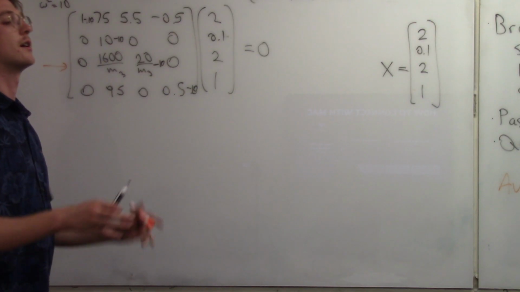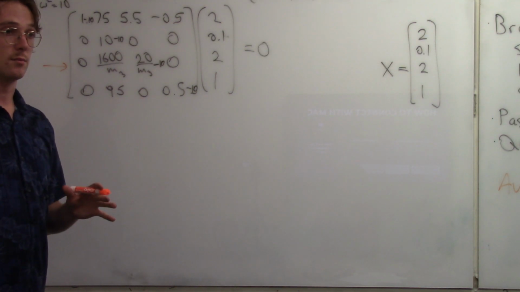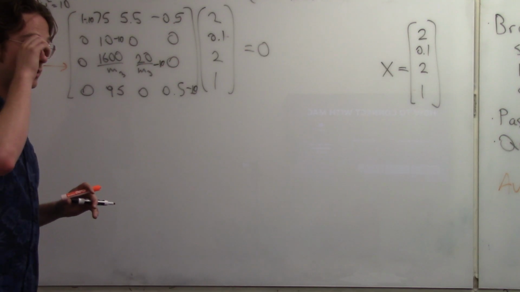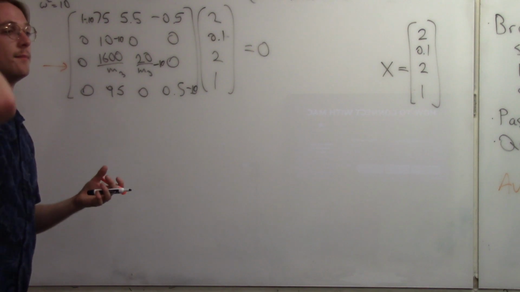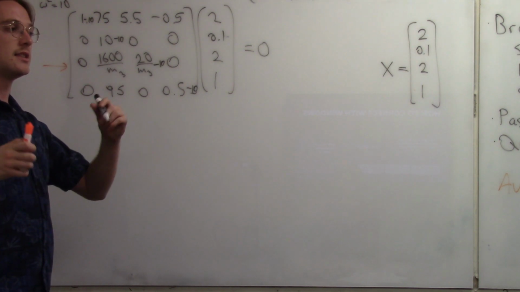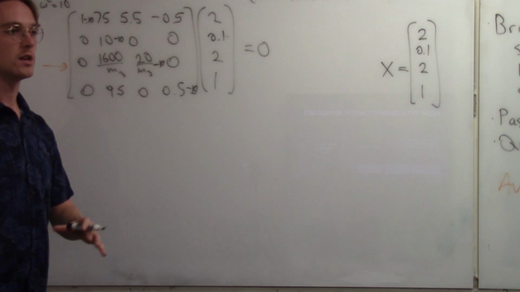Sorry, let me backtrack. A property of linear systems, so things you can represent with matrices like these, is whether it's solvable or not. And what determines a linear system to be solvable is that your number of unknowns is less than your number of equations.